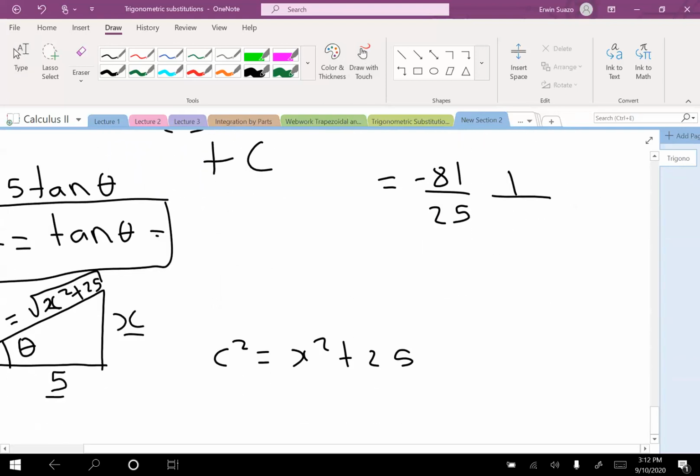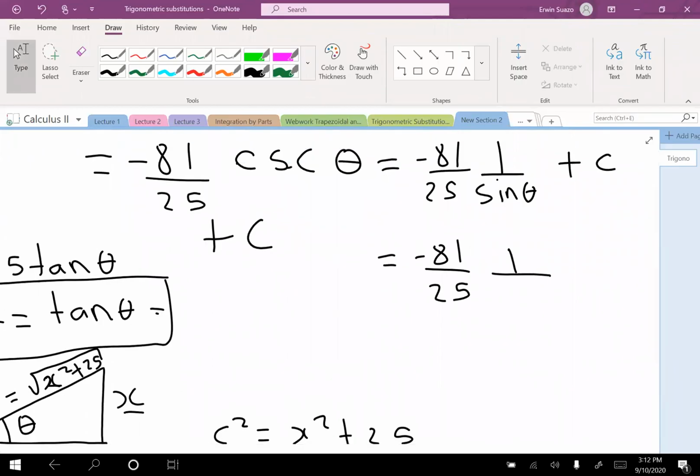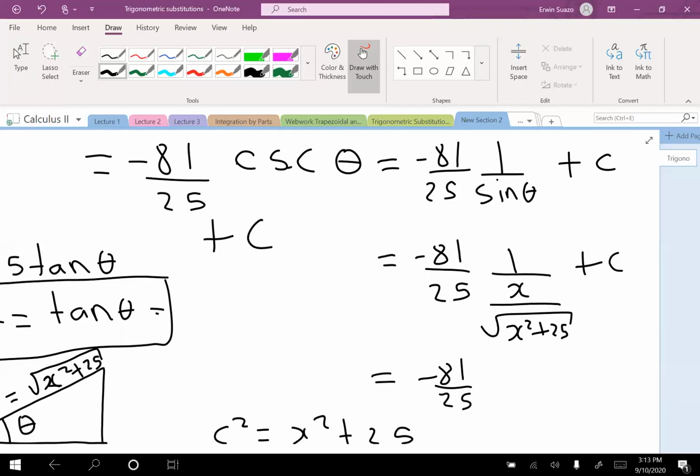And then sine of theta is opposite, x over the square root, so it's going to be x over the square root of x squared plus 25, plus c. If I simplify it better, I'll get minus 81 over 25 times the square root of x squared plus 25 over x, plus c. And that's my final answer.